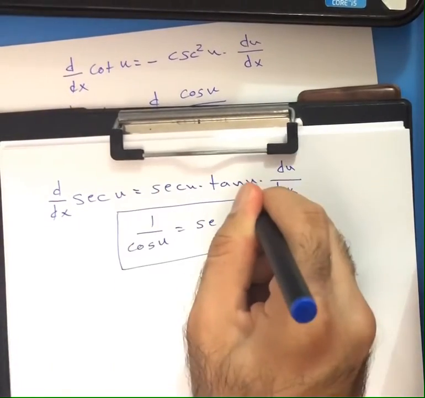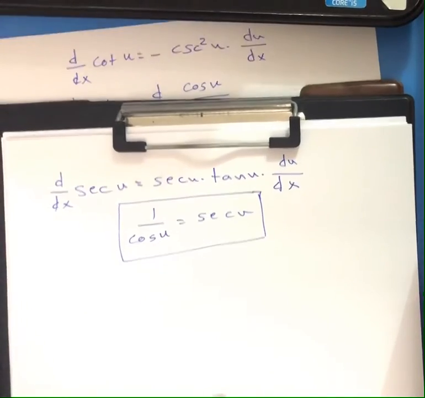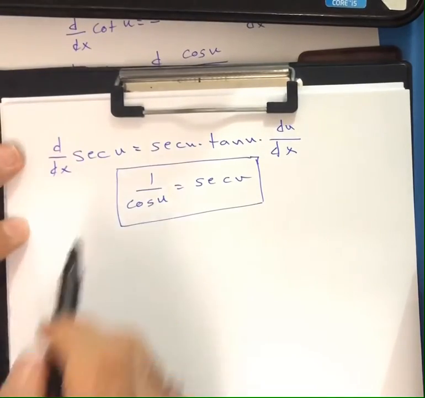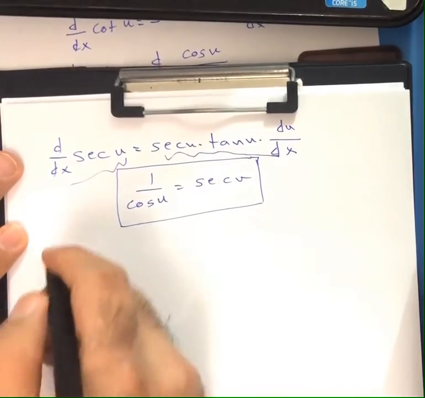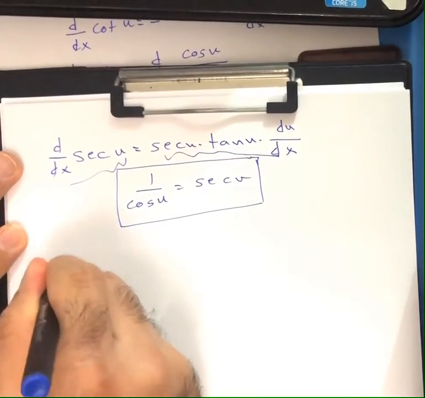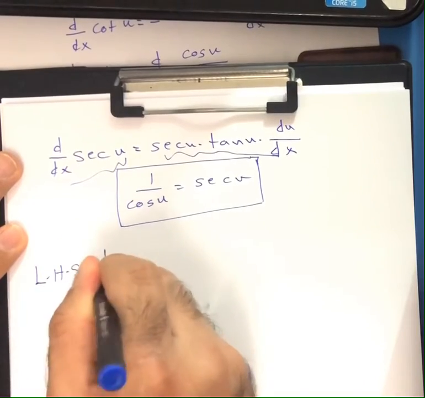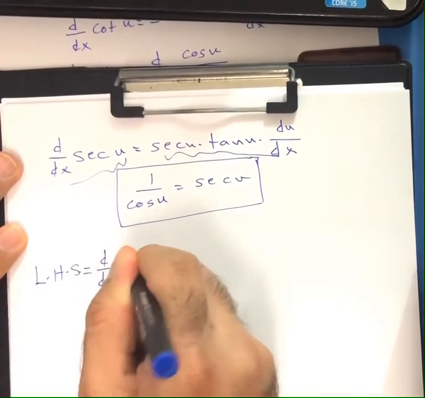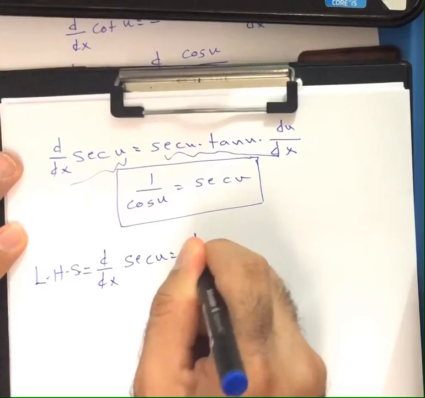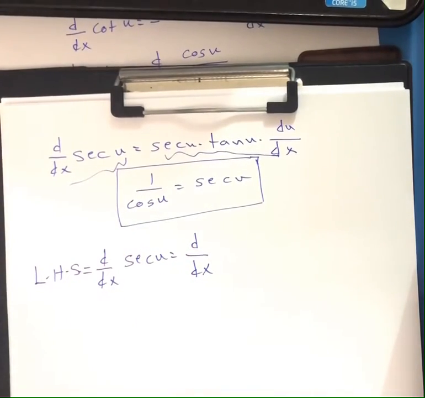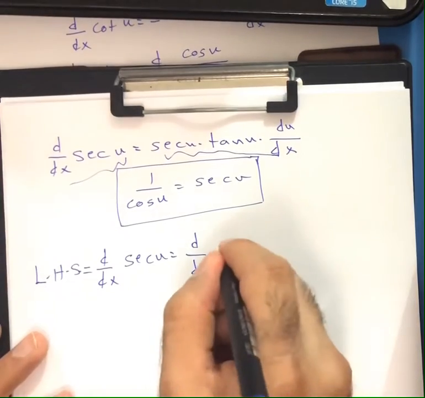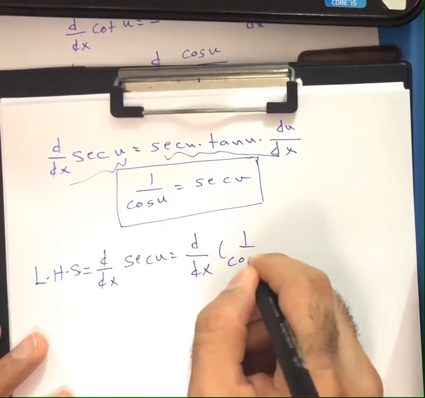This is actually taken from secondary school mathematics. This is the left hand side and this is the right hand side, so I can take the left hand side, d by dx for sec u, equal to d by dx. Now I will replace sec u by 1 over cosine u.